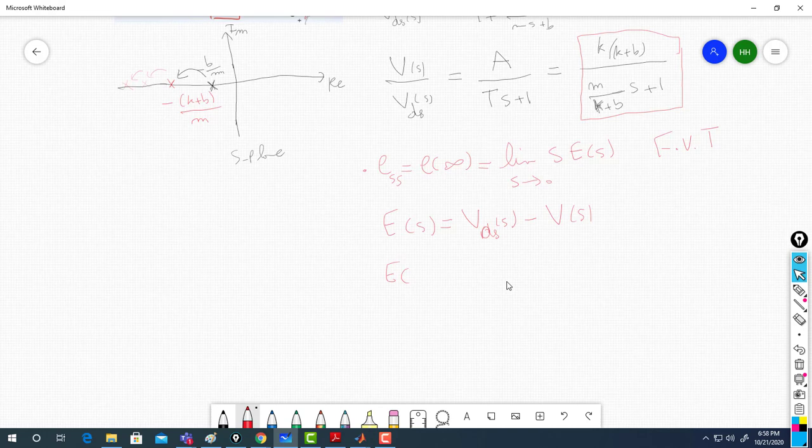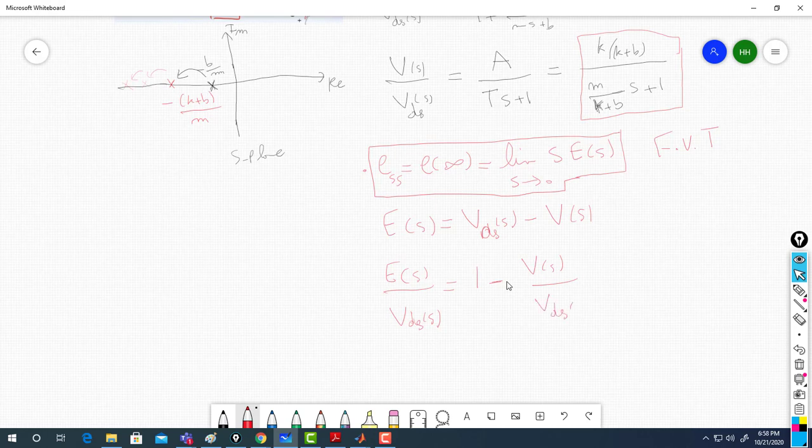My ultimate goal is to find E of s, the steady state error as a function of k, and then you will find that when k increases, E of s decreases. The trick is to divide E of s over V desired of s, which is the reference, because this gives me 1 minus V of s over V desired of s.